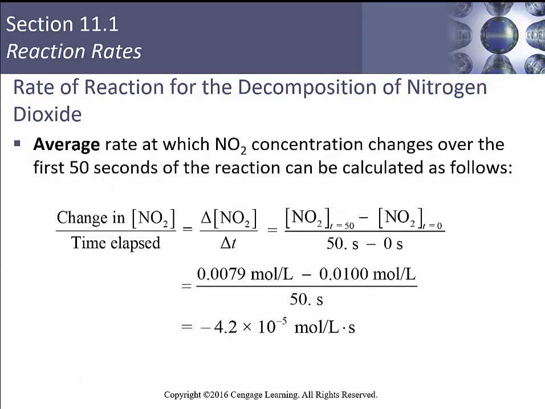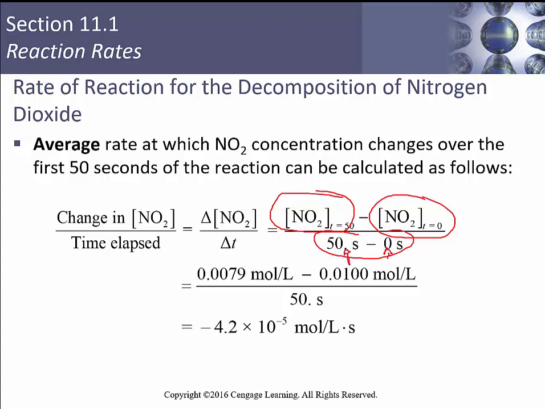So what we're going to do with this is we're going to calculate what's called an average rate. So the rate of reaction for the decomposition of nitrogen dioxide, the average rate at which the NO2 concentration changes over the first 50 seconds, is just calculated by looking at what is my initial concentration at T0, what is my concentration 50 seconds later, and then just dividing by the difference between my initial time and my final time.